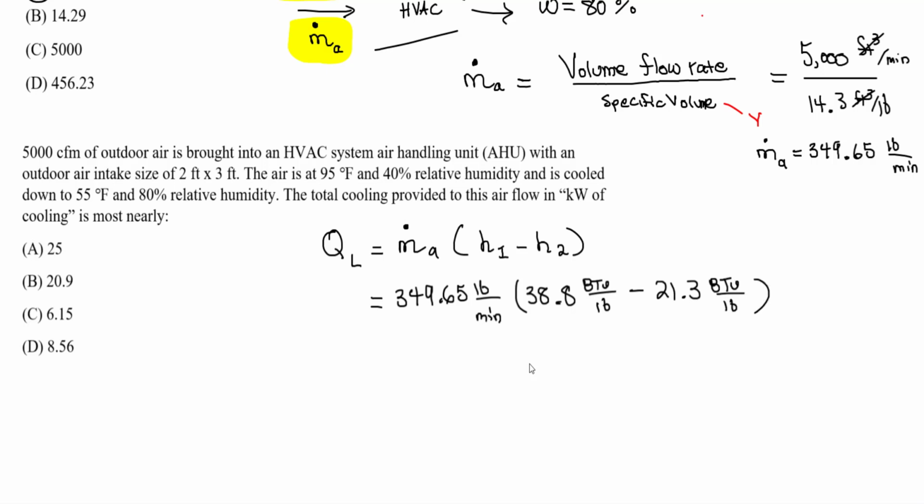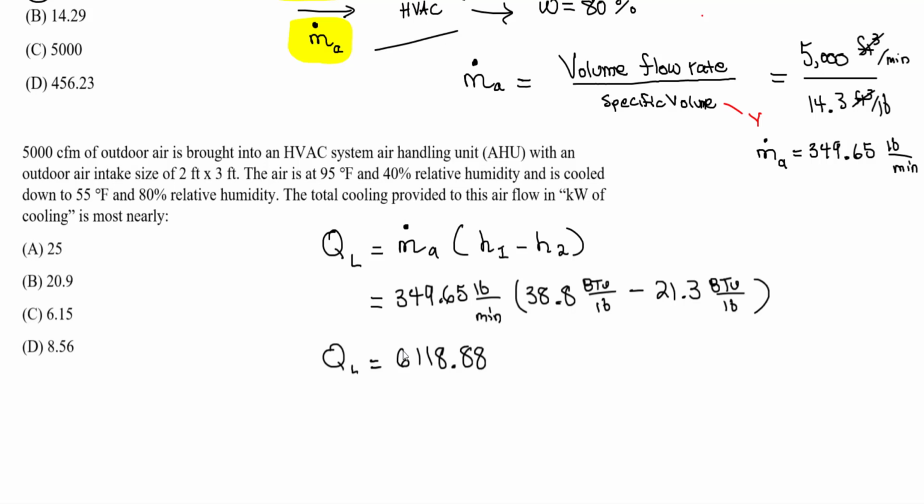So now you can do the math here. I did not do the math yet for this one. So it's 349.65 times 38.8 minus 21.3. So it's around 6,118.88, and this will have units of BTU per minute.